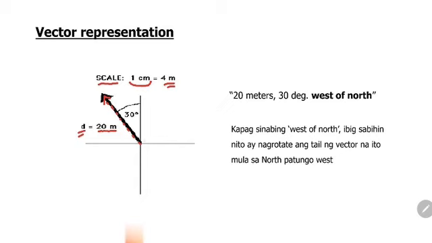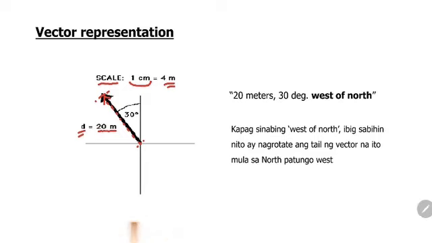So, siguro ang arrow na to ay 5 cm long. Kasi 20 meters siya, di ba? So, kung meron akong 5 centimeters, 4 times 5, or 5 times 4, makakuha ko ng 20 meters. Okay? Pero huwag kayong mag-alala, hindi ko na naman kayo kukuhanin ng scale sa pag-drawing ng vector.